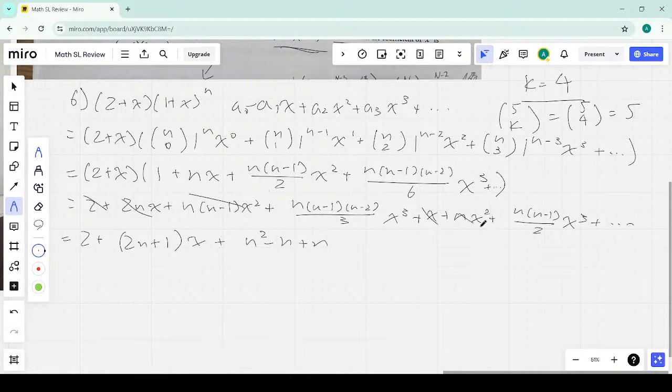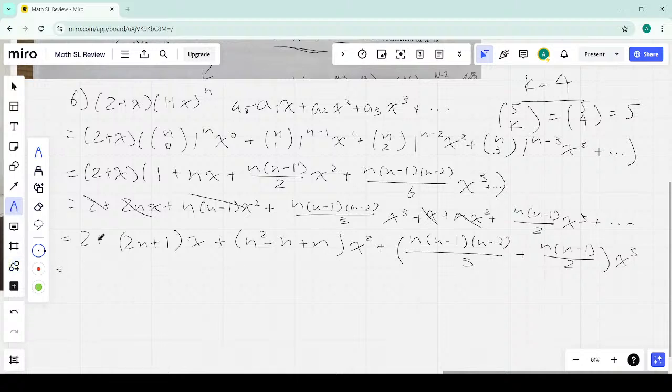So now I got everything for x squared. Same thing here, I have n times n minus 1 times n minus 2 over 3 plus n times n minus 1 over 2, x cubed.